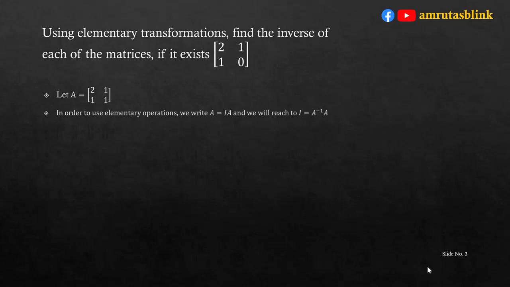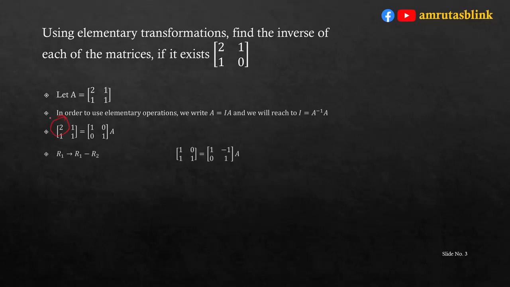As A has order 2 by 2, I should also be the identity matrix of order 2 by 2, and we will reach the step I equals A inverse into A. That is, 2, 1, 1, 0 equals 1, 0, 0, 1 into A. 1, 0, 0, 1 is nothing but the identity matrix of order 2.